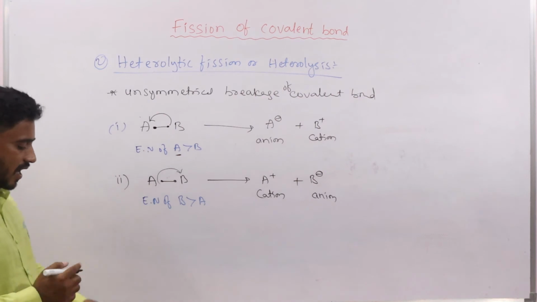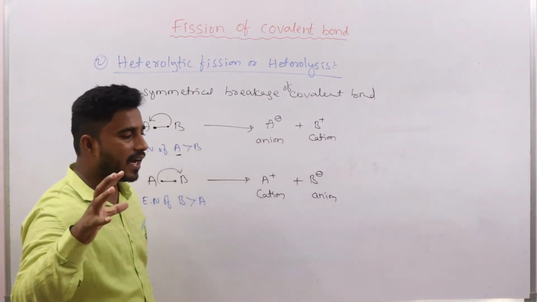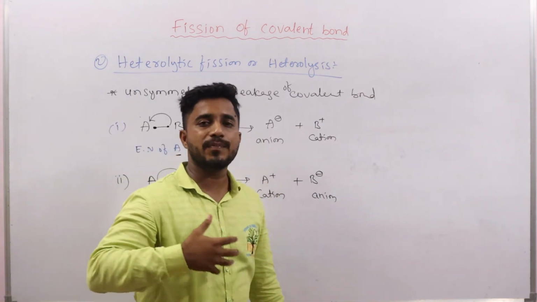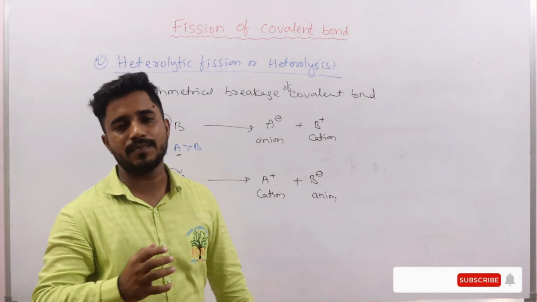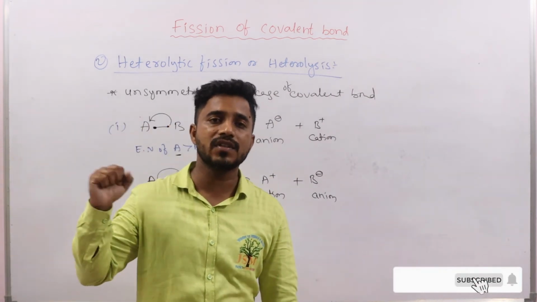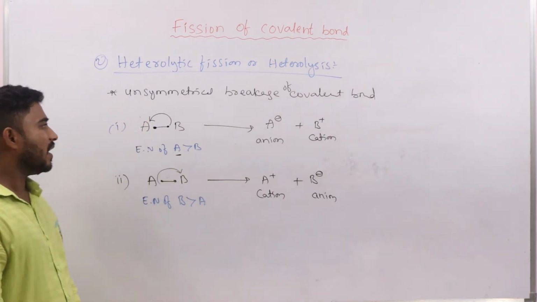So based on this we can say, when heterolytic fission takes place in a covalent bond, cations and anions are formed. But in homolytic fission, free radicals are formed.